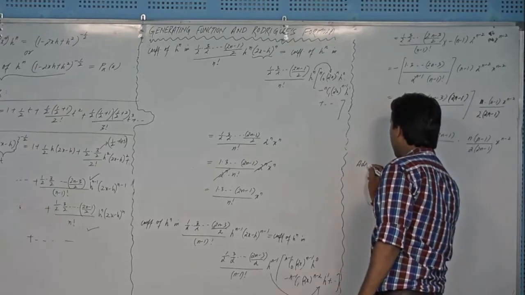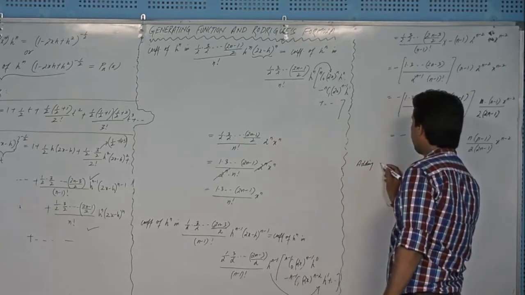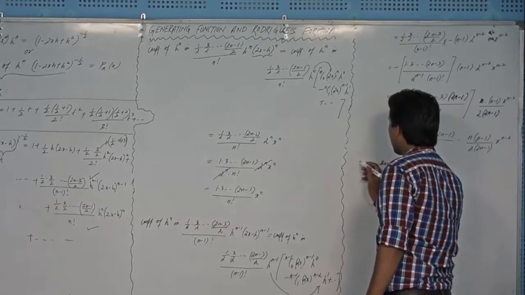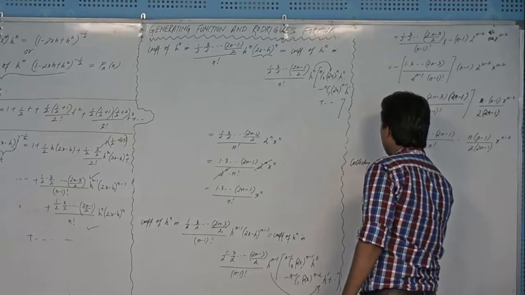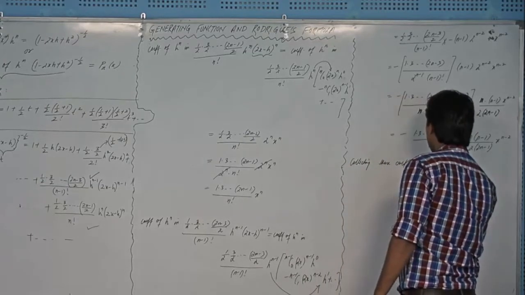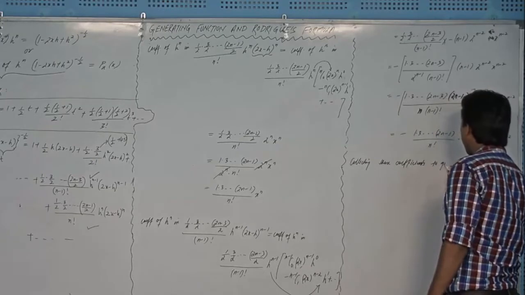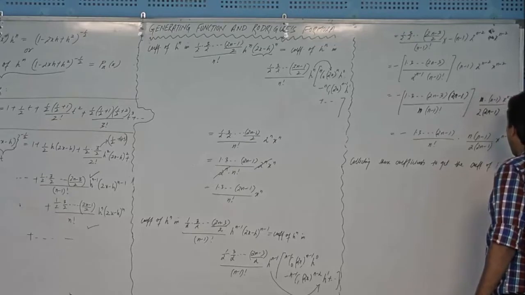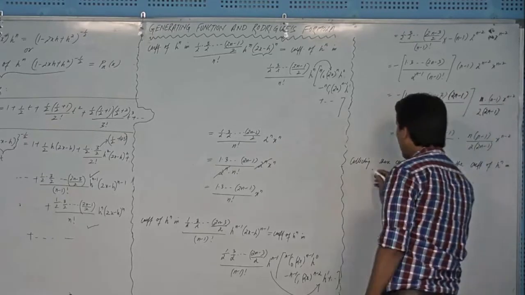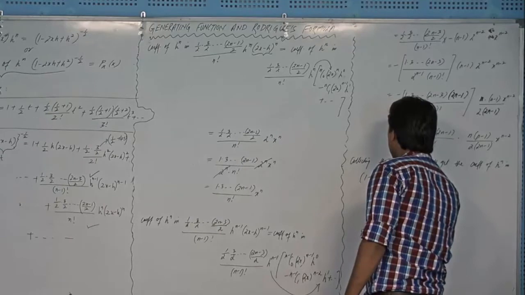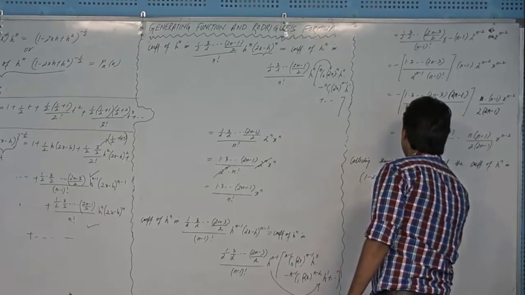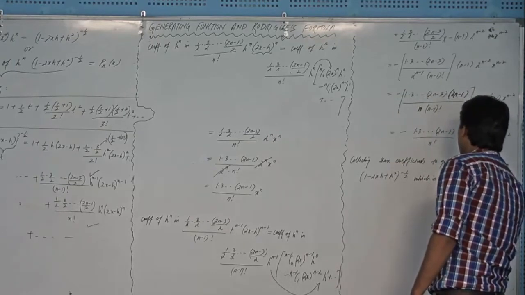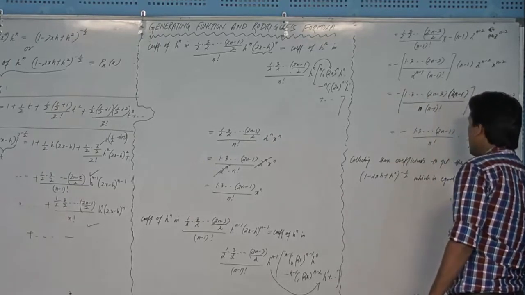So collecting these coefficients to get the coefficient of h to the power n in the original expansion, and that was 1 minus 2xh plus h squared to the power minus half, which is equal to this much.